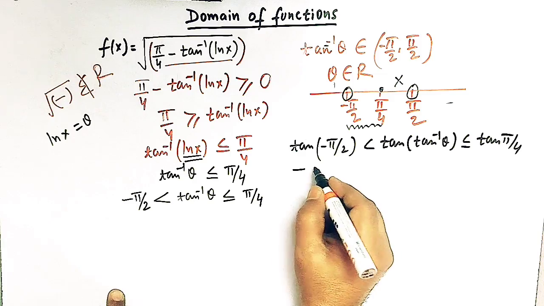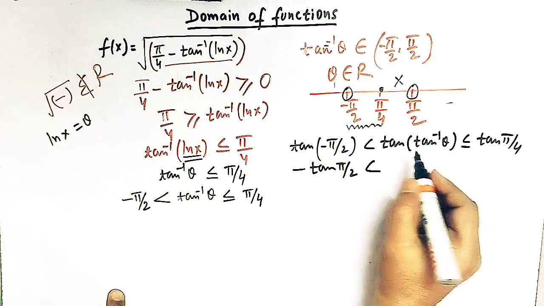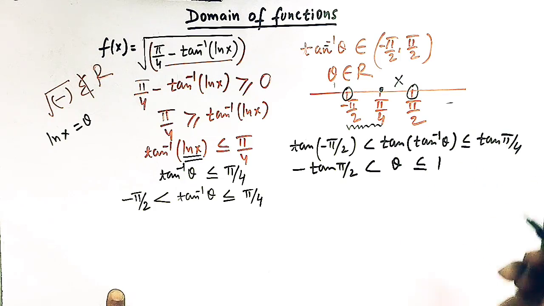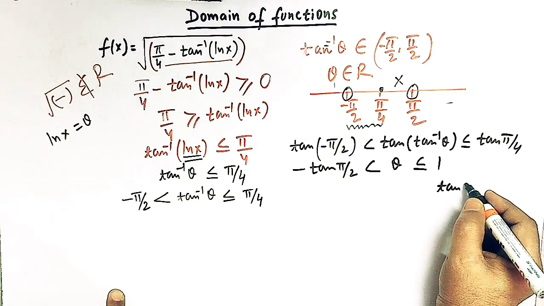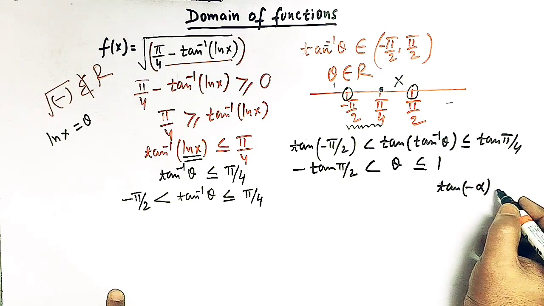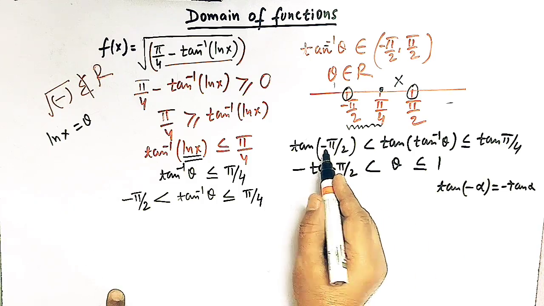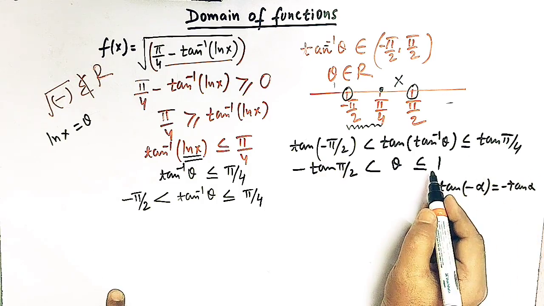So here we have minus tan pi by 2, and here we have simply theta, and tan pi by 4 is 1. Here we have used the result that tan of minus alpha is equal to minus tan alpha, and tan pi by 4, that is tan 45 degrees, is 1.